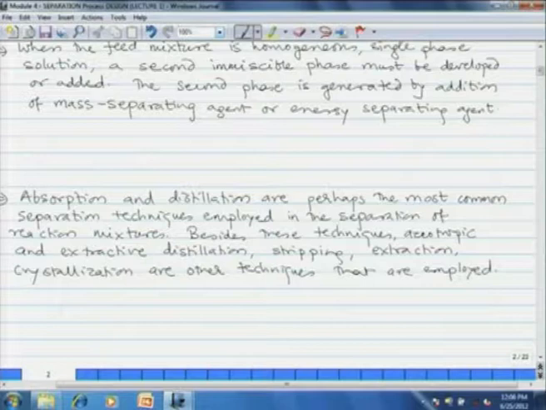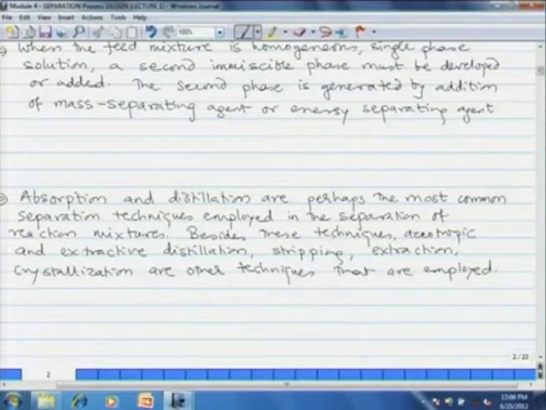Now, the most common operations used in chemical industry for separation are absorption and distillation. In the NPTEL course of mass transfer, you have learnt the basic principles of these processes in great depth. So, I will not repeat it, but we shall see these two processes from an economics point of view.